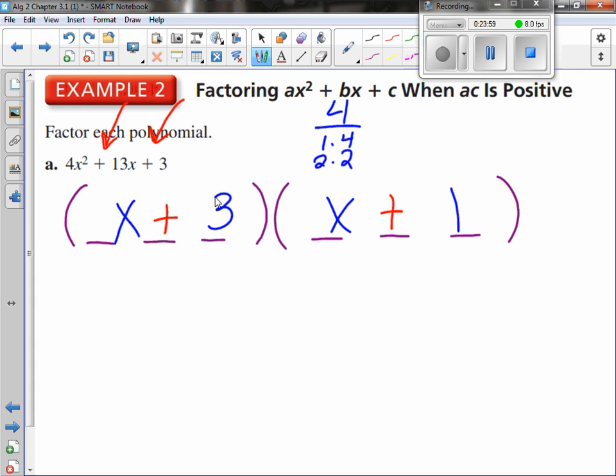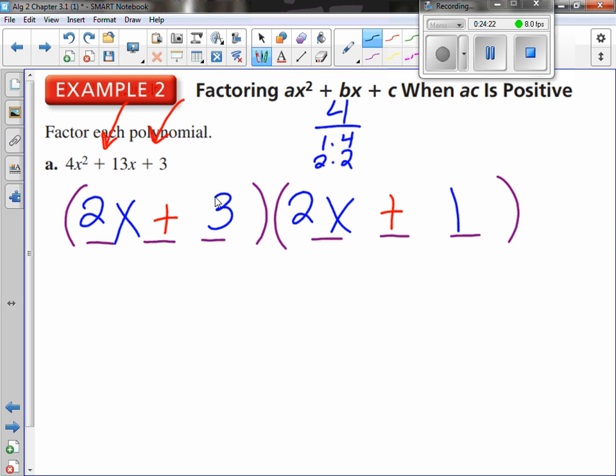I'll go and put x and x. Now the question is, do we want to use 1 and 4 or 2 and 2? Let's do 2 and 2. Now here, 2x times 2x is going to give me 4x squared, yes?